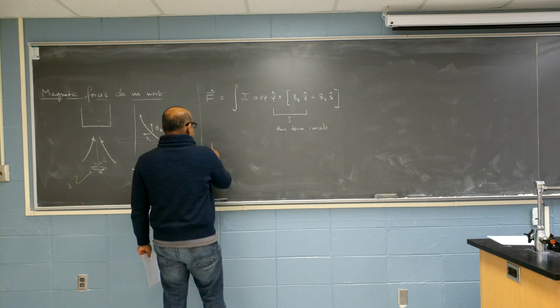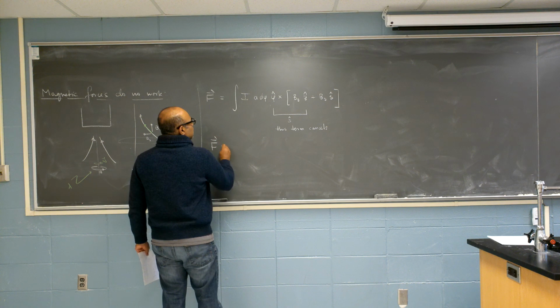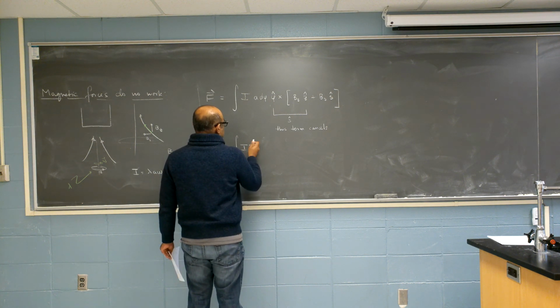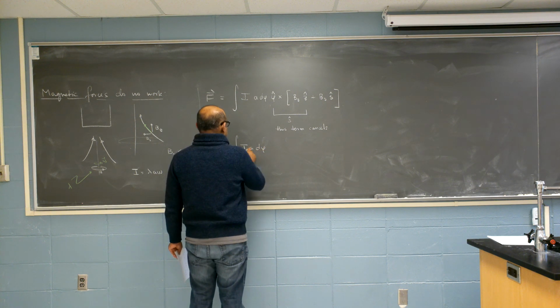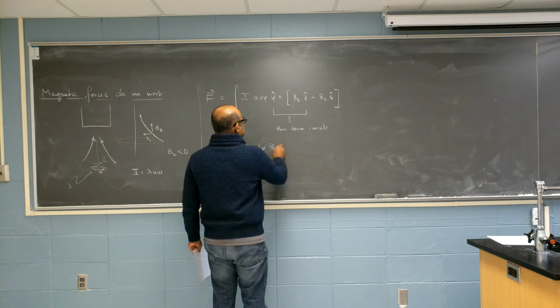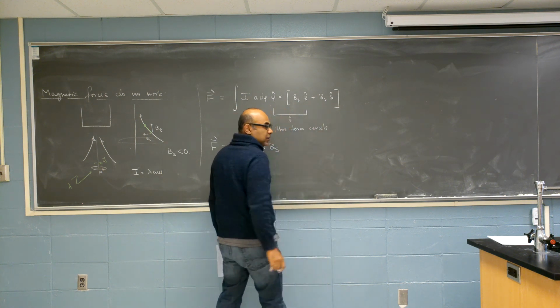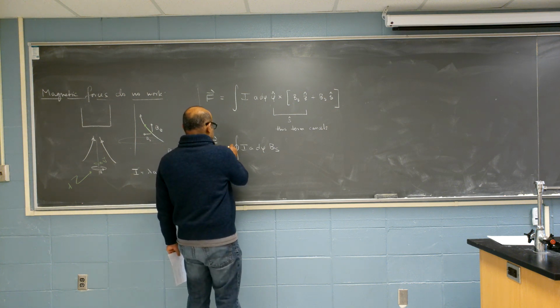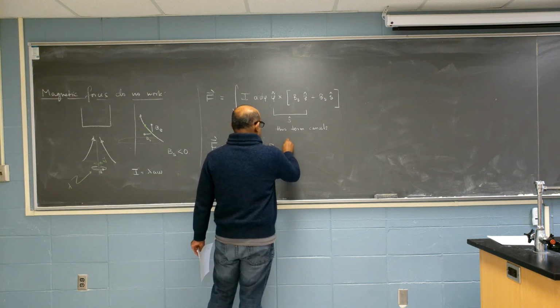And so then you get F is equal to the integral. All of these things are constant, but it's a loop. I have a Bs phi hat cross s hat, negative z hat.